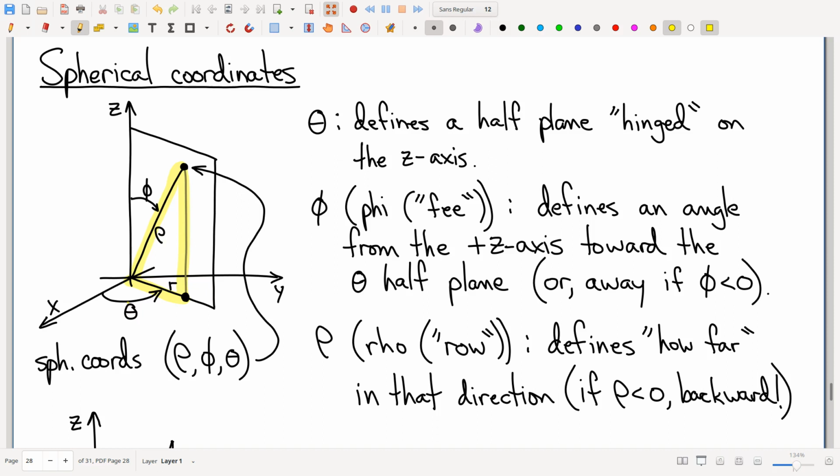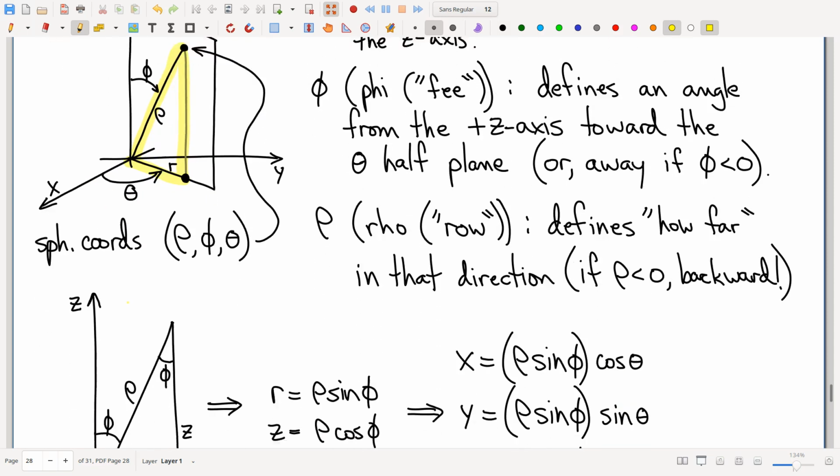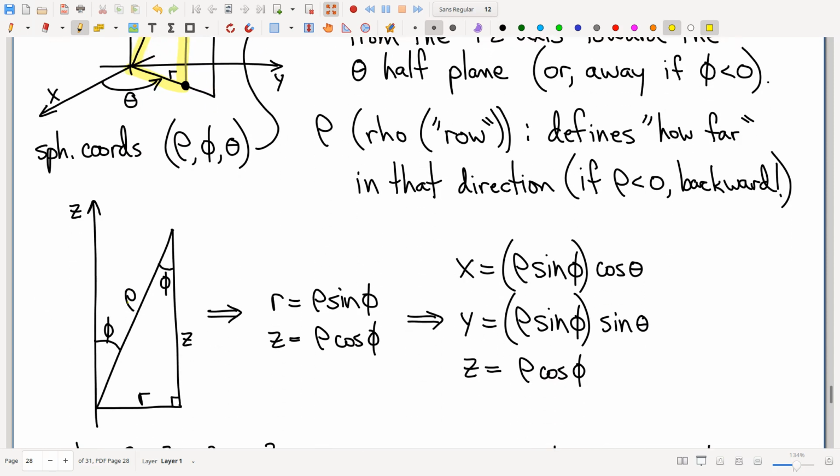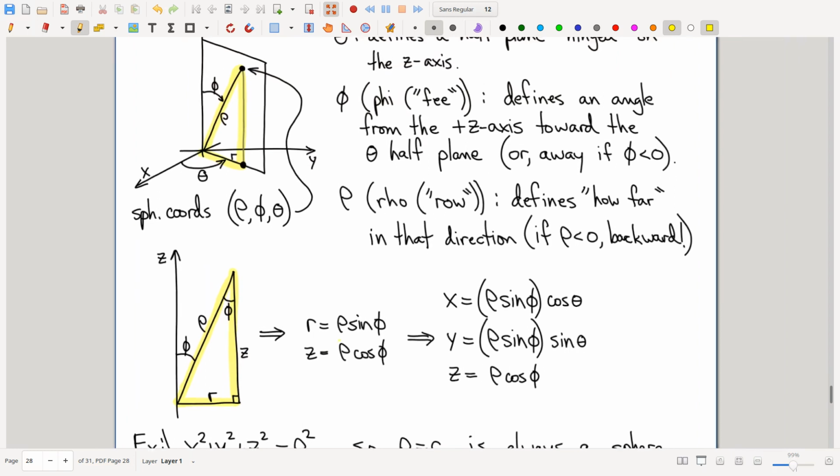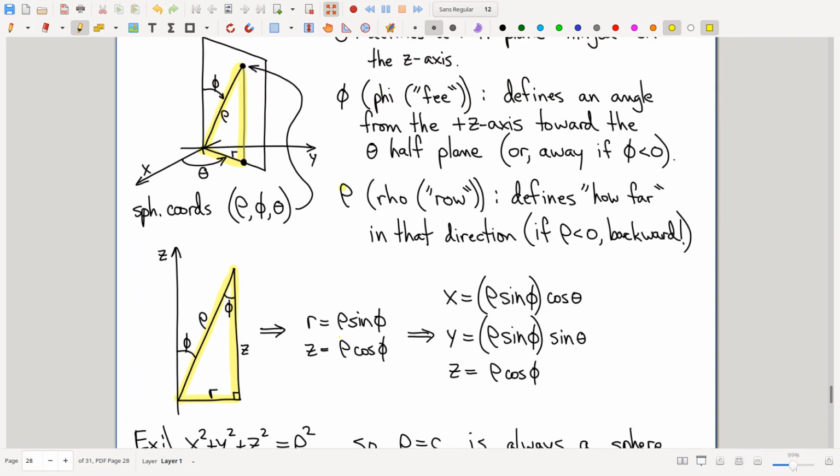That can be confusing. So just to avoid that issue, I'm going to redraw that triangle like so. Same triangle, just looking straight on at it instead of from the side.